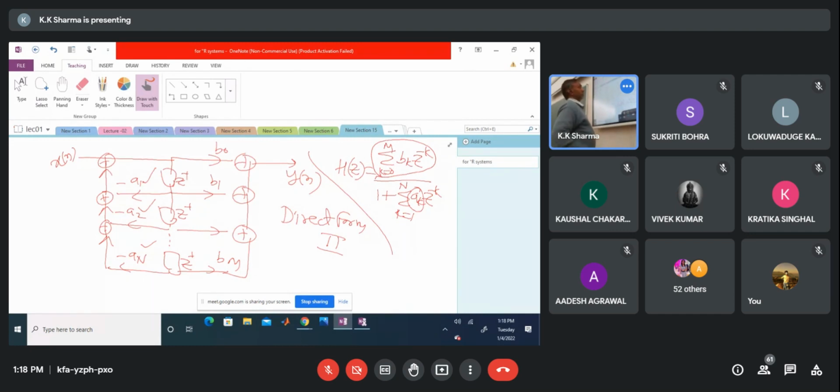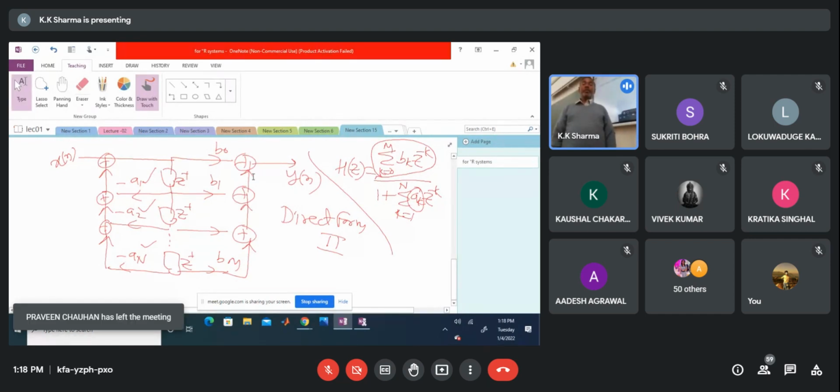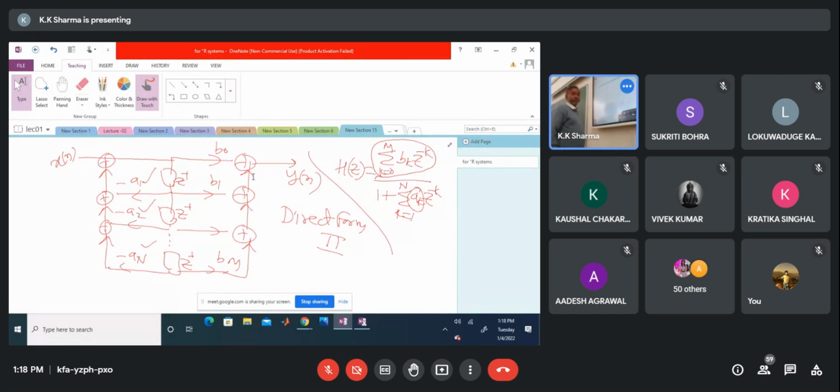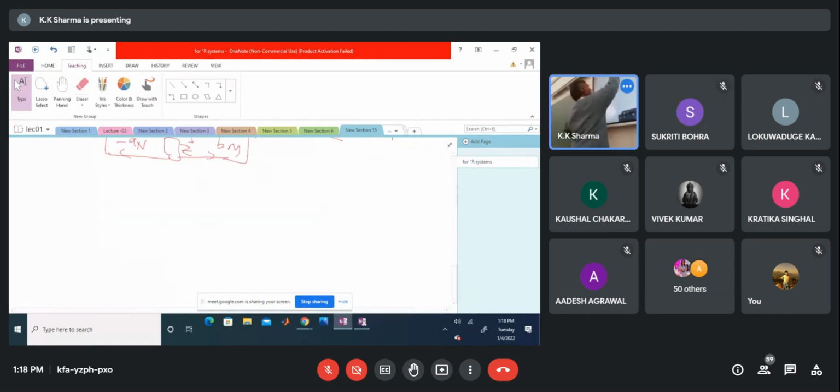Without arrows, half of the graph will be assumed. So without the direction of arrows, which way to go is not clear. Okay, is it clear? Yes, sir.